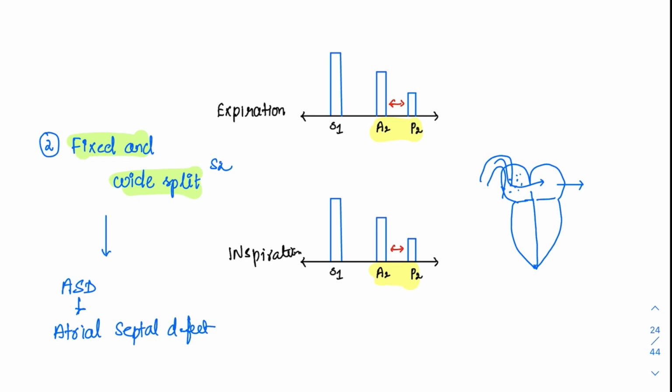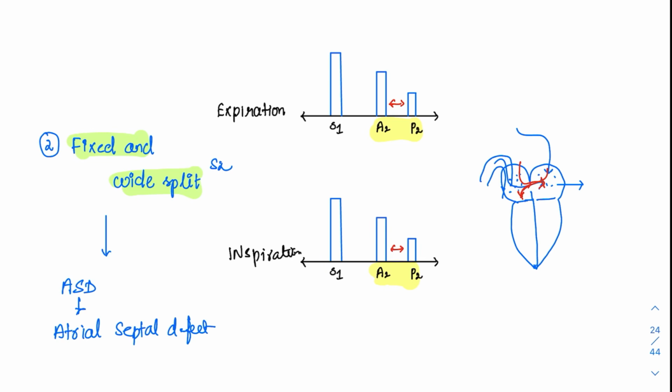Then during the other cycle, during the filling of the left ventricle, if it is getting filled a little in excess and the pressure is more here, it will move the blood to this side. So both during inspiration and expiration, whatever the excess pressure is, will be equilibrated by this defect. If the pressure is equilibrated in both, will there be any change in the splitting between them, the duration between A2 and P2?